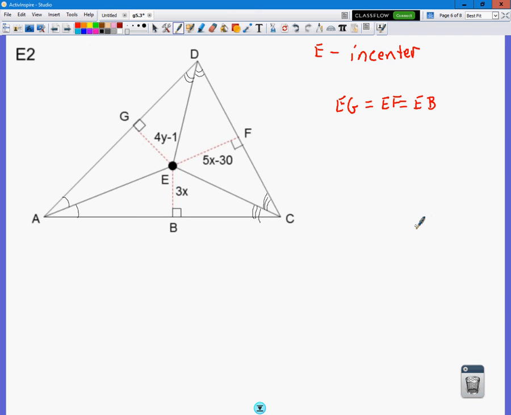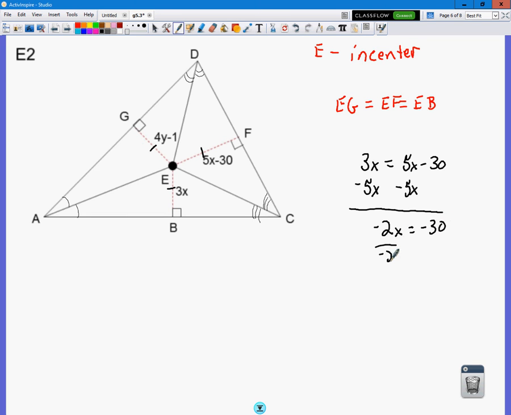Which two do I want to use this time? I want to use 3x is equal to 5x minus 30, because I can see that there I have the same variable. I'm going to go ahead and subtract 5x from both sides. Negative 2x is equal to negative 30.